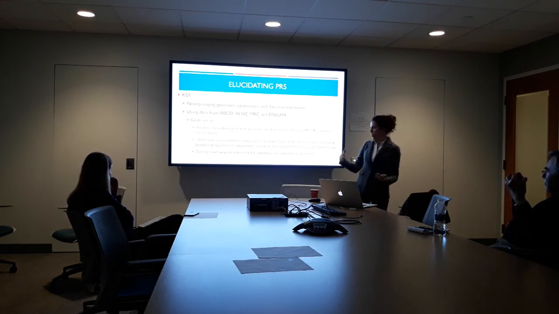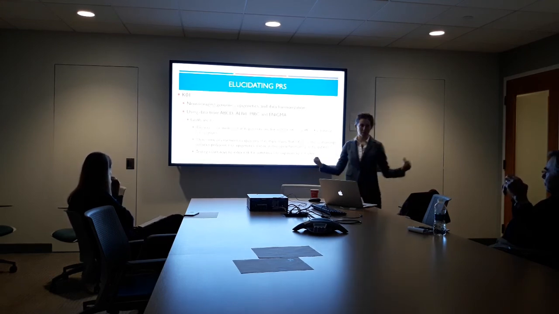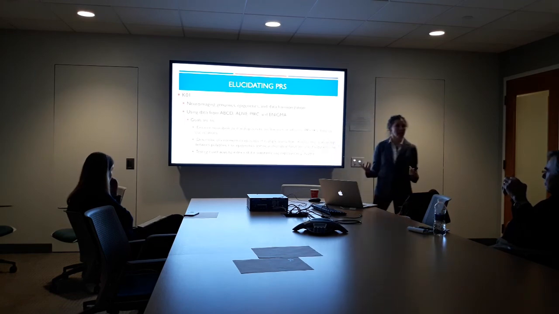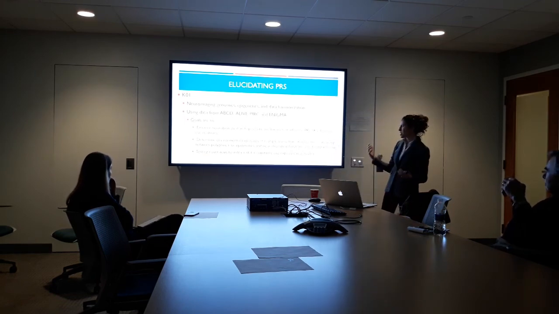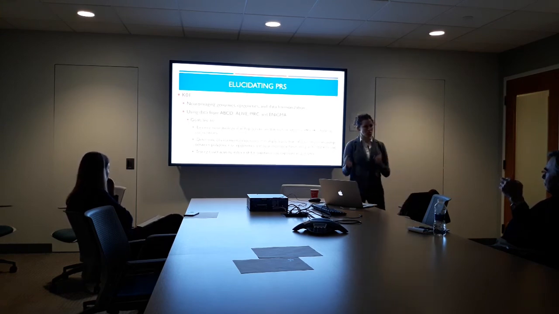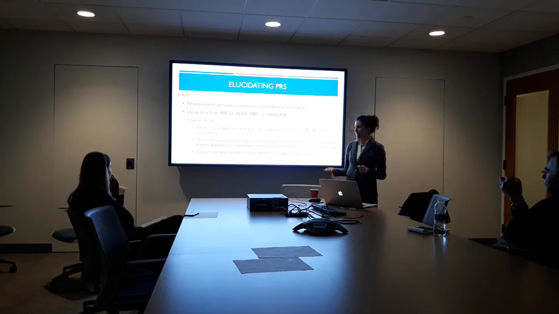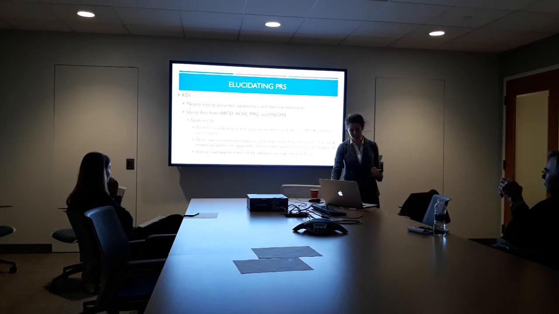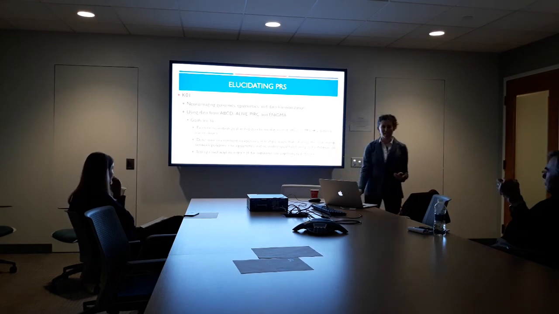My goals are to parse out what the polygenic risk scores actually represent, to look at neurobiological and epigenetic mediators that influence polygenic risk and substance use relations, and look at how environments influence those relationships as well. And I'm really interested in thinking about novel ways that we could predict substance use exposure, such as through teeth.